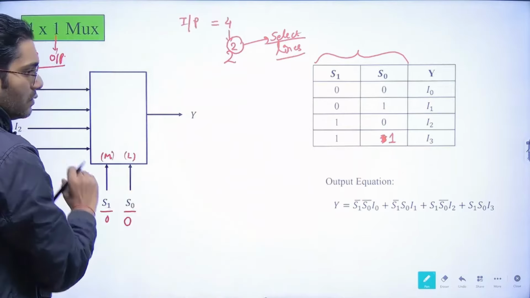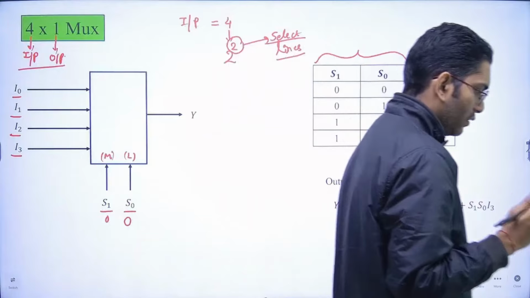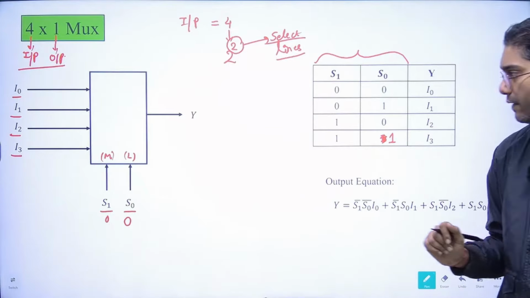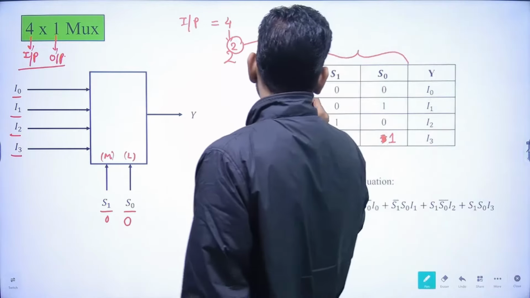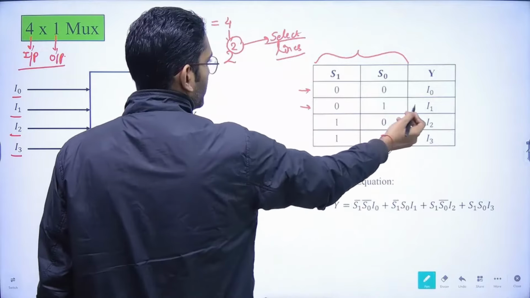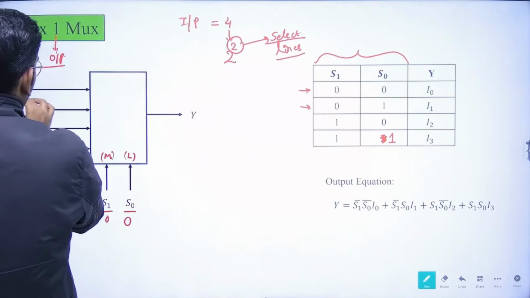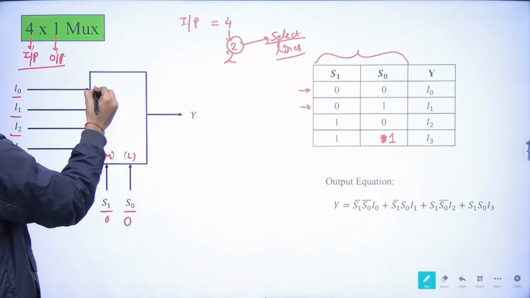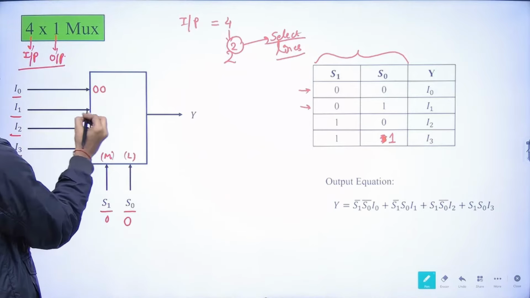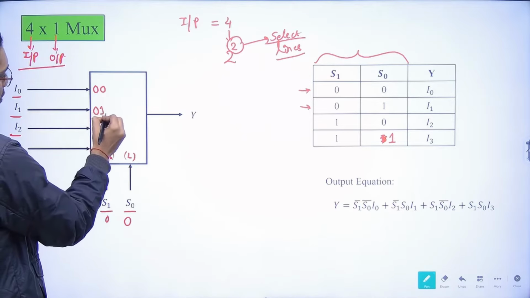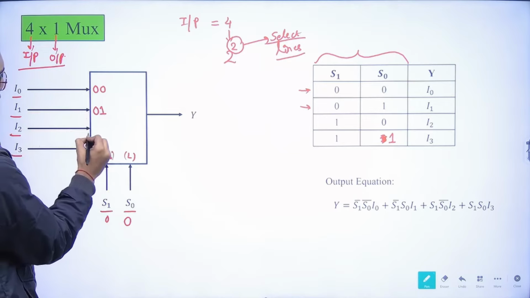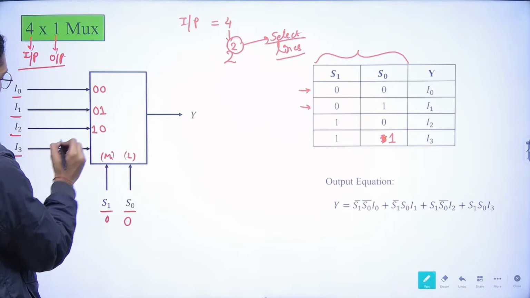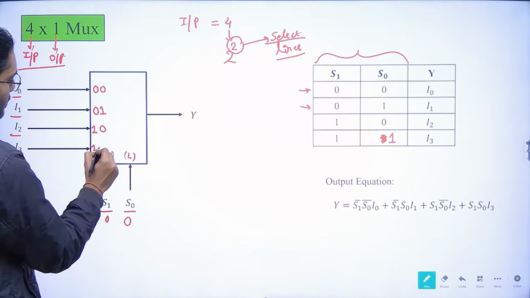I0. So here in this case, I0 would be selected. And when the combination is 0, 1, then which input will be selected? I1. So I0 would be selected when the select lines values are 0, 0. I1 would be selected when the values are 0, 1. I2 would be selected when the values are 1, 0. And I3 would be selected when the values are 1, 1.